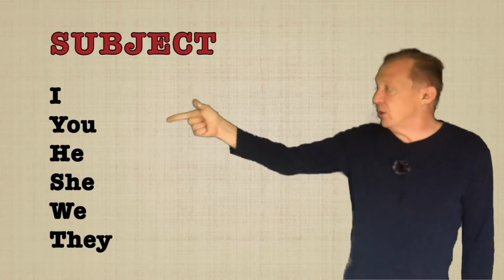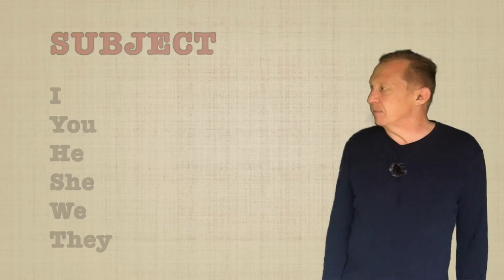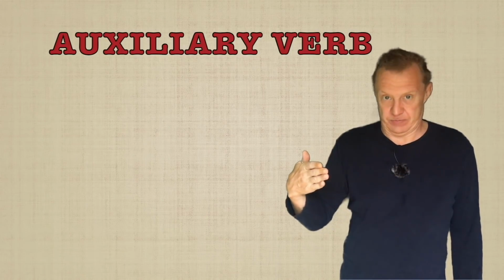Now, let's look at the structure. So, first of all, easy peasy, we have the subject. I, you, he, she, we, they. That's easy. Now, the second verb we use is what we call an auxiliary verb.